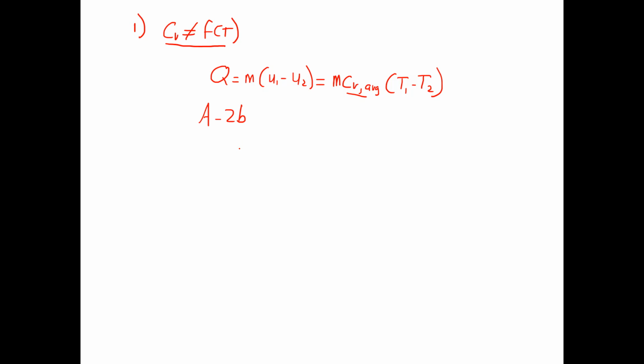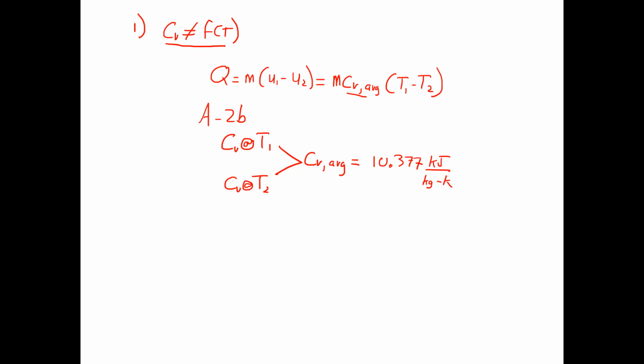So if you go to that table and find the specific heat at constant volume of hydrogen gas at T1, and then also at T2, and you take the average between those two temperatures, you'll find that the specific heat is 10.377 kilojoules per kilogram Kelvin.